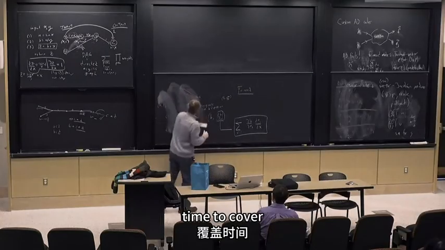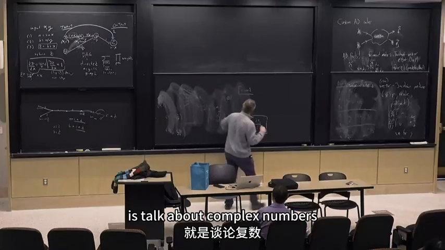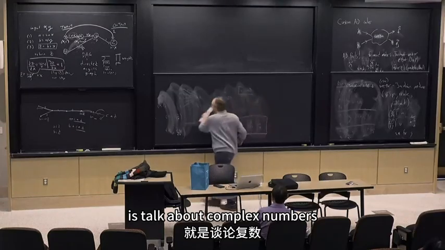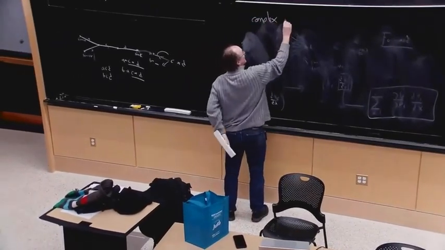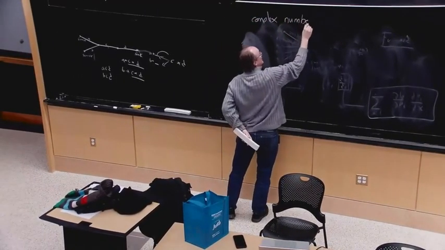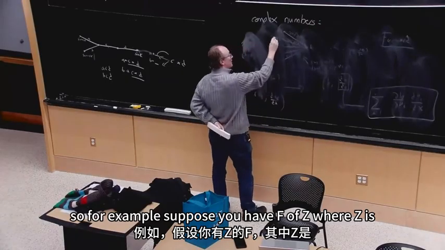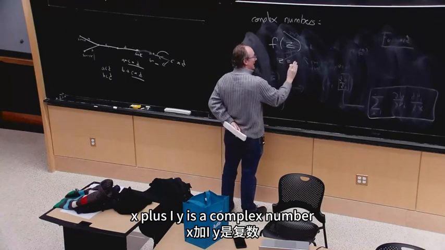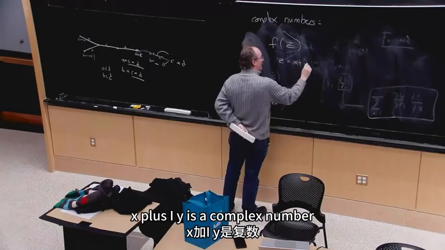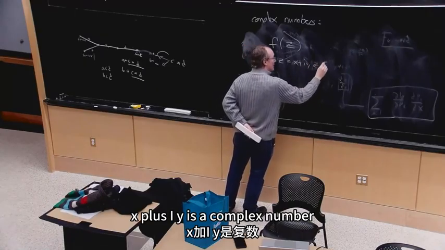Another thing that I would have liked to have had time to cover is complex numbers. So for example, suppose you have f of z, where z is x plus iy, a complex number.